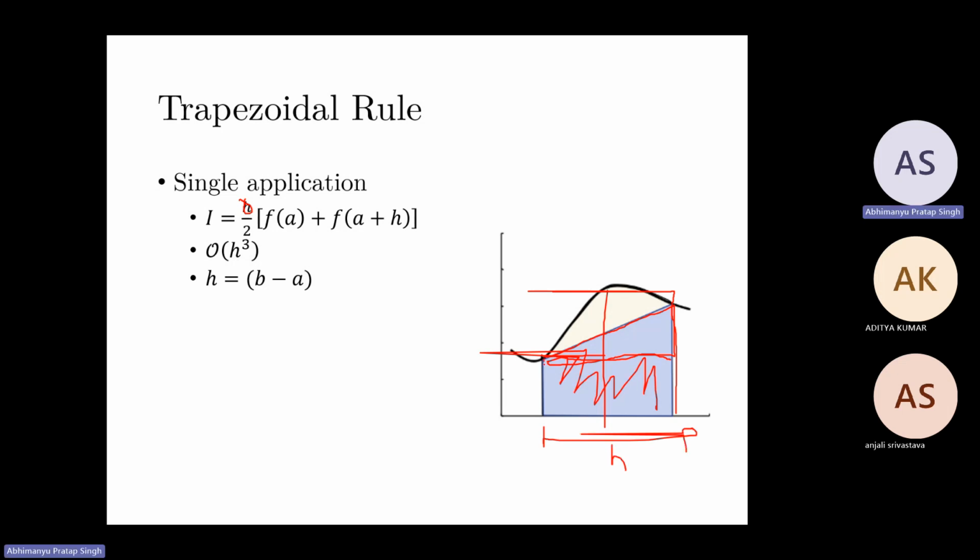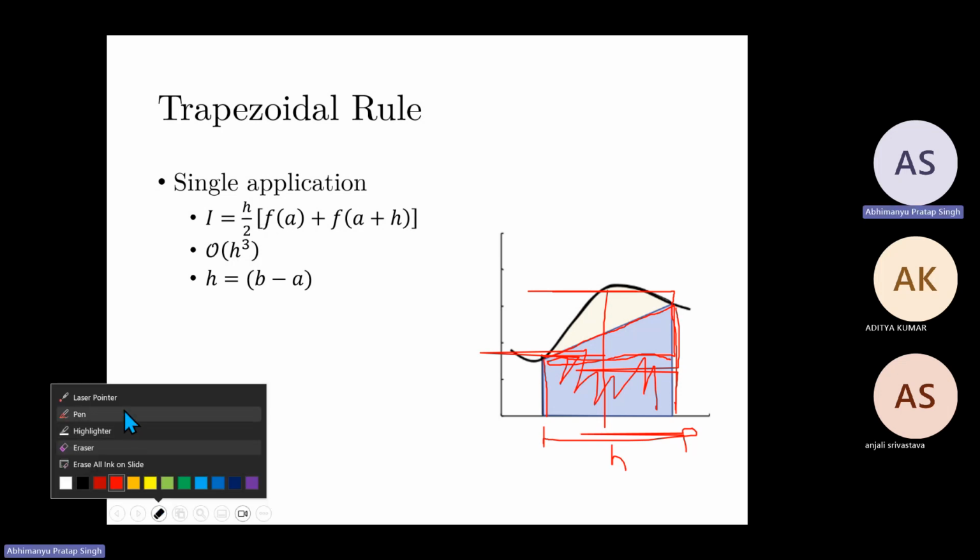This is the length of this line, this is the length of this line, so it will be f of a and f of b. So the sum of the two parallel sides would be f of a plus f of b, multiplied by h, divided by 2. This is how I get the formula for the trapezoidal rule.